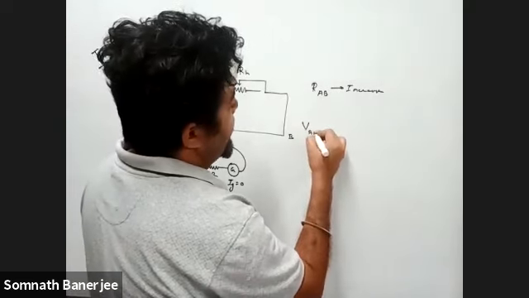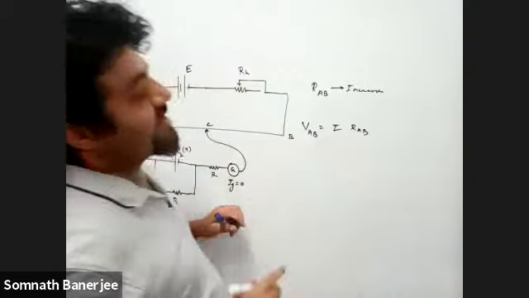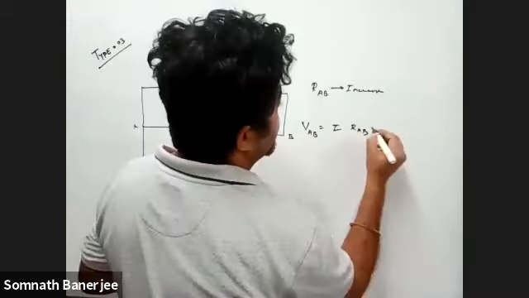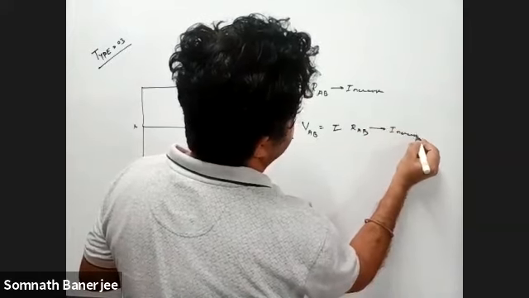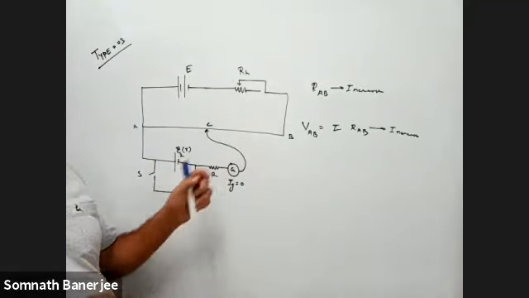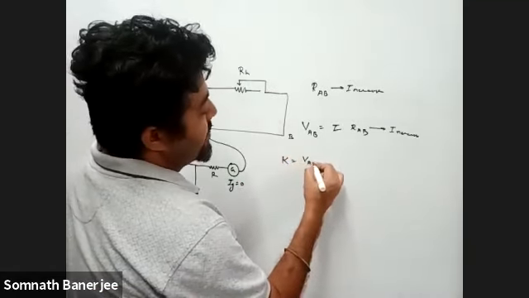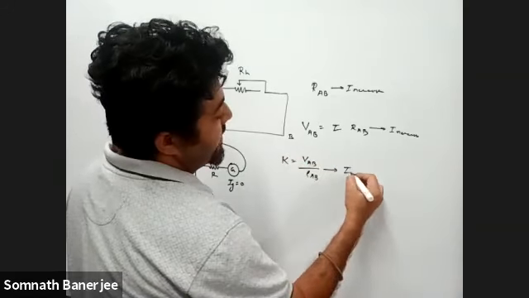Voltage of AB is current into resistance of AB. Maybe current decreases, but as the R of AB increased, the voltage of this potentiometer wire increases. As the voltage of the potentiometer increased, the potential gradient, voltage of AB by length of AB, increases.